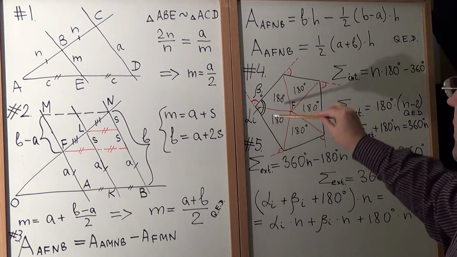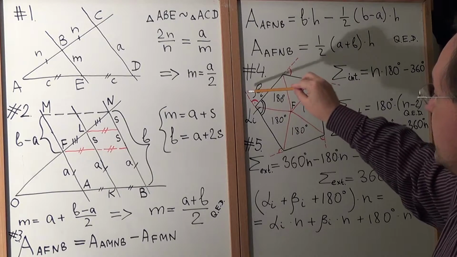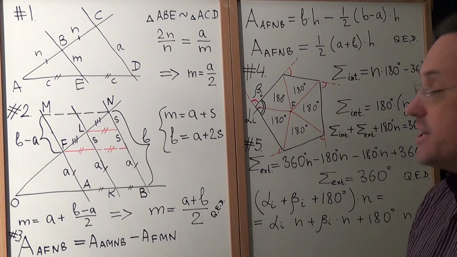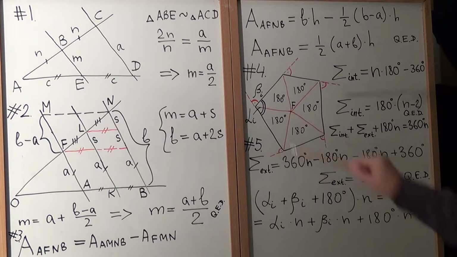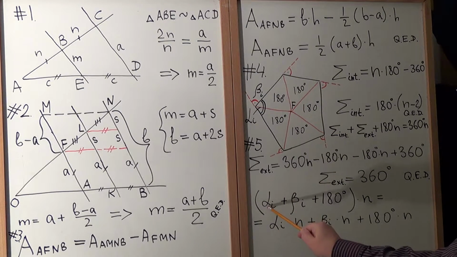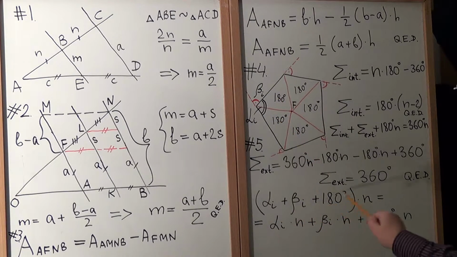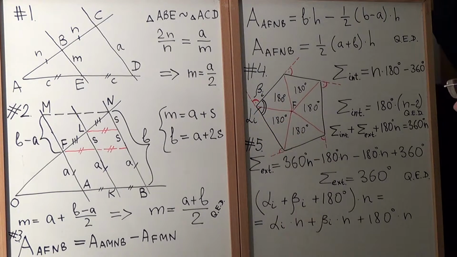So in here, alpha is internal angle, beta external angle, and we also have this additional 180 degrees to complete to the whole circle. So for each vertex, alpha plus beta plus 180 will be the whole circle.